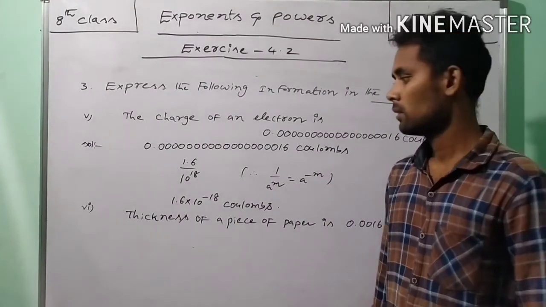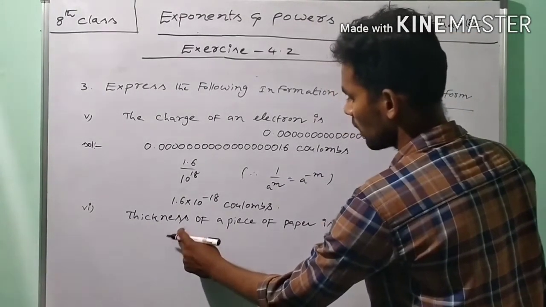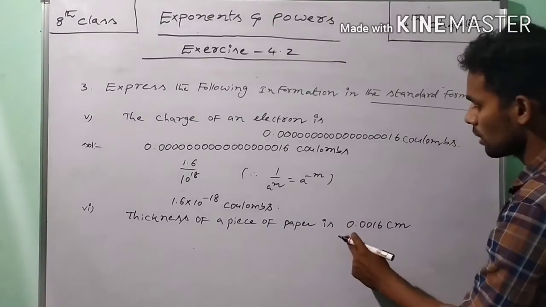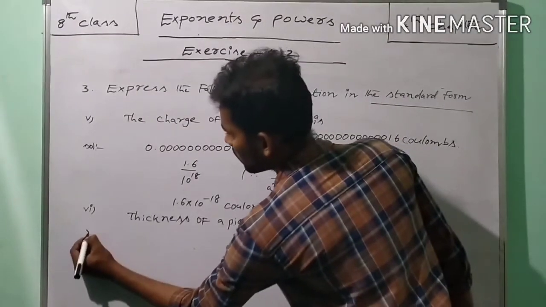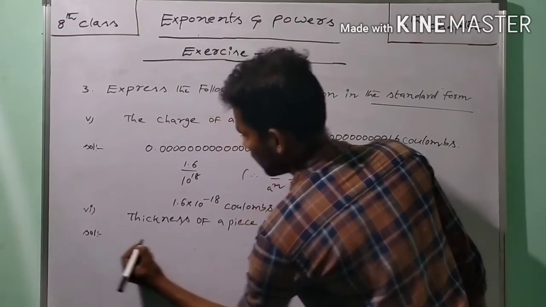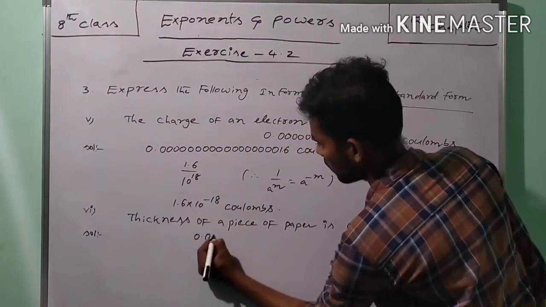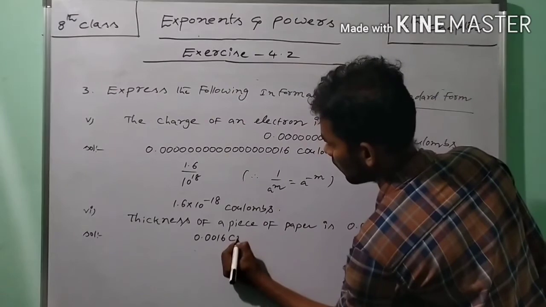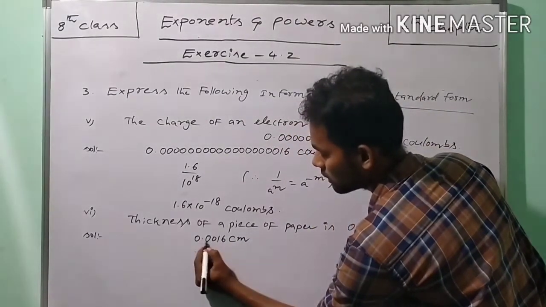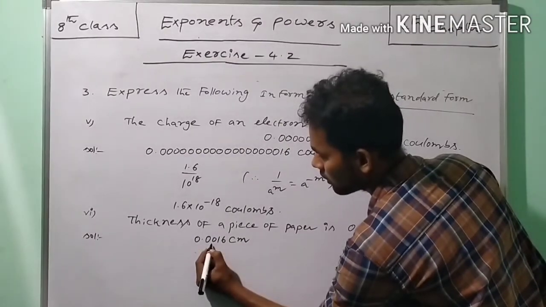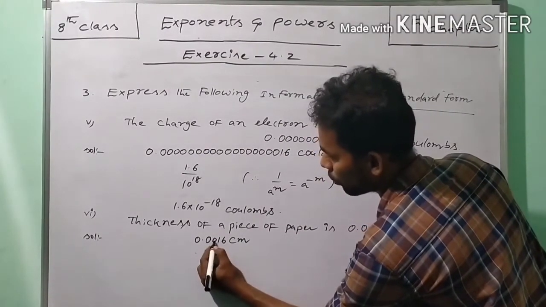Sixth question. Thickness of a piece of paper is 0.0016 centimeter. Solution: 0.0016 centimeter. Decimal point here. Shift how many places towards the right side? 1, 2, 3.